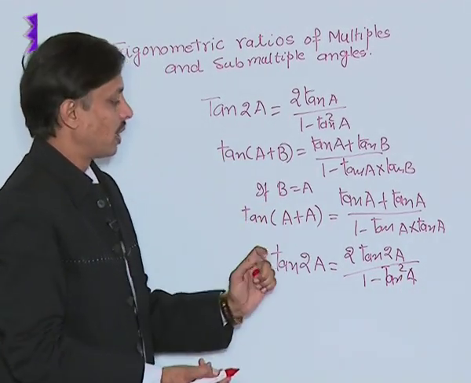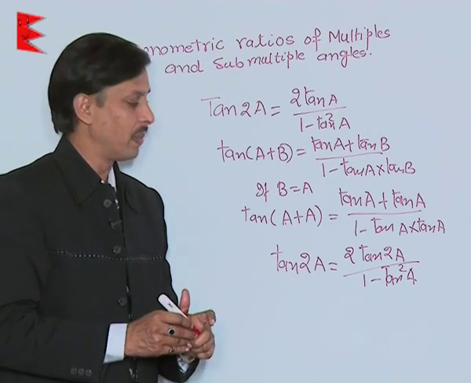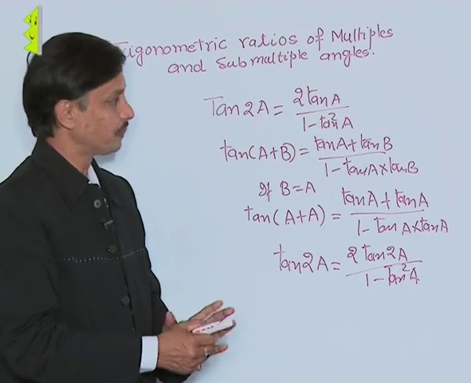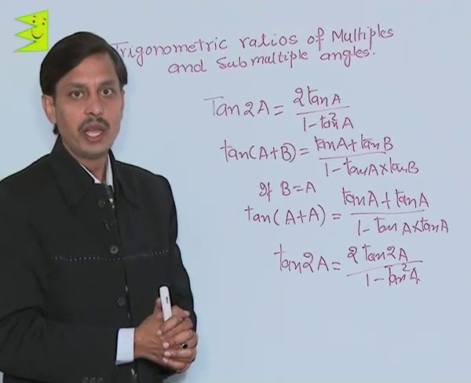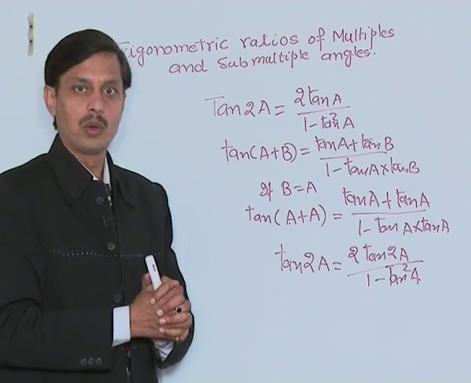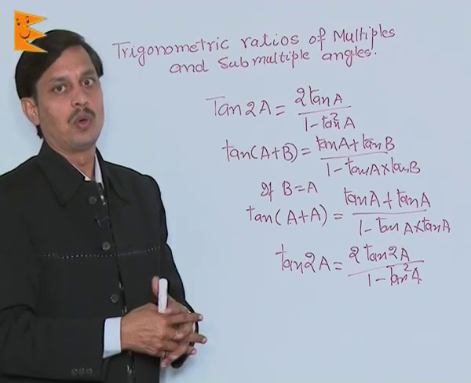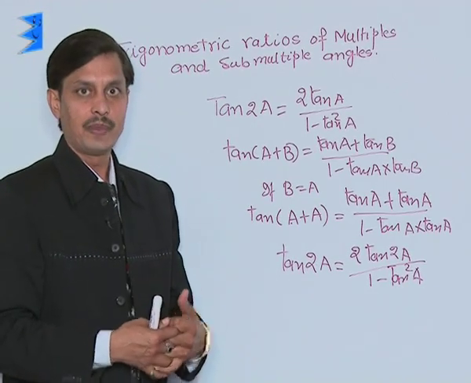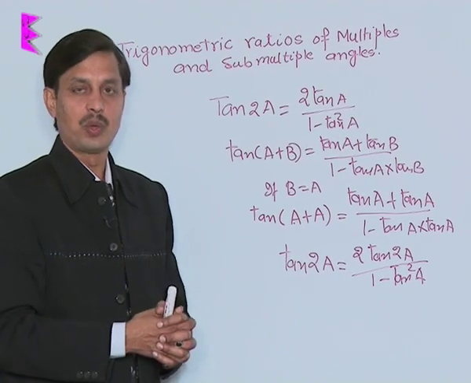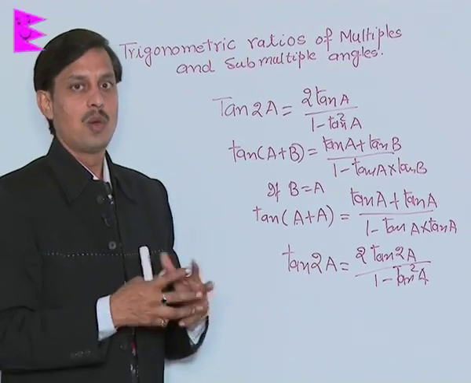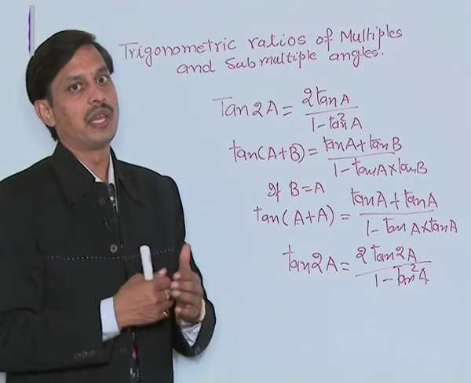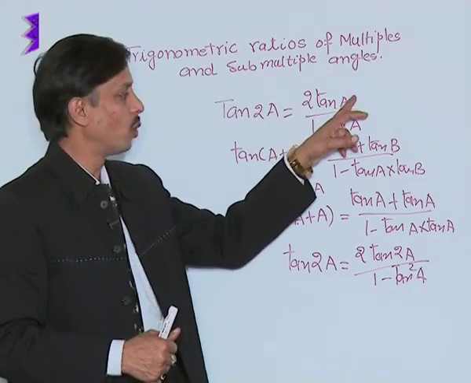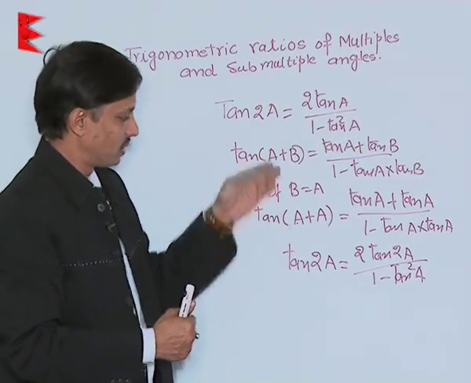So ultimately, what we need to remember to solve problems related to multiple and submultiple angles: first, sin 2A, which is equal to 2 sin A cos A and 2 tan A upon 1 plus tan square A. There are 4 values equivalent to cos 2A: cos square A minus sin square A, 2 cos square A minus 1, 1 minus 2 sin square A, and 1 minus tan square A upon 1 plus tan square A. And tan 2A has a single value, 2 tan A upon 1 minus tan square A. This is the proof.